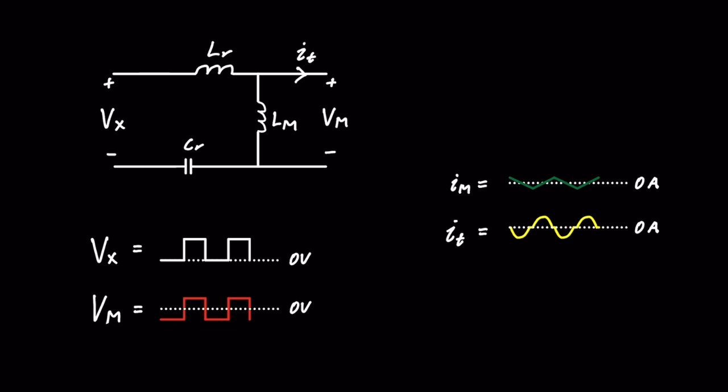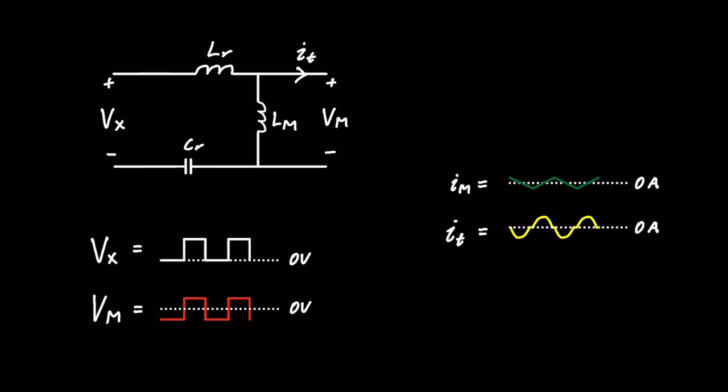I will not go through the reason for every single waveform, but I will just show you what they are, and you just have to trust me. Vx is like this: it goes from 0 to VDC and has a duty cycle of 50%. Vm is basically the same, just with an offset, so it goes from VDC/2 to minus VDC/2.